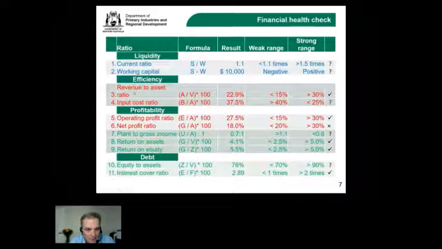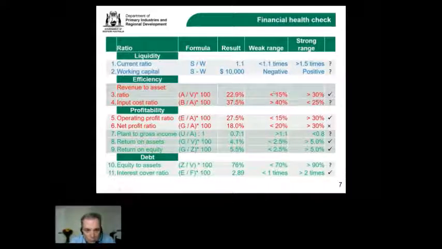So we've got some here in terms of the amount of revenue we've generated, A, from our profit and loss, divided by our total assets in the balance sheet, V. Another way to say this is, for every dollar of asset, how many cents of revenue are we generating? In this case, we're generating 22.9 cents. We would obviously like this figure to be larger rather than smaller.